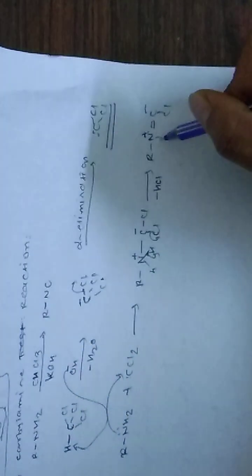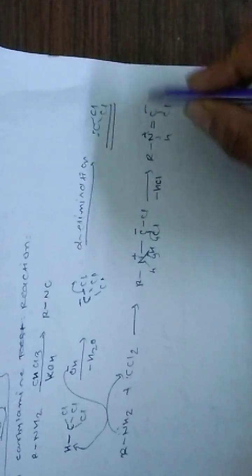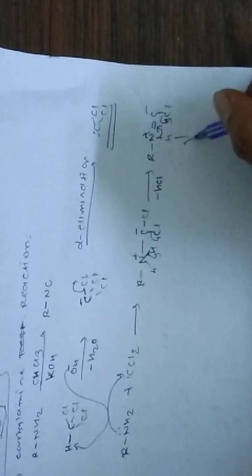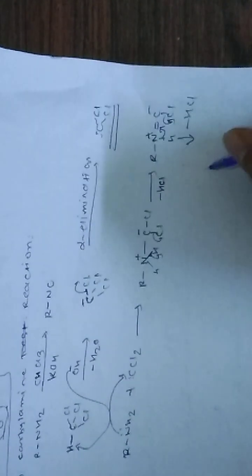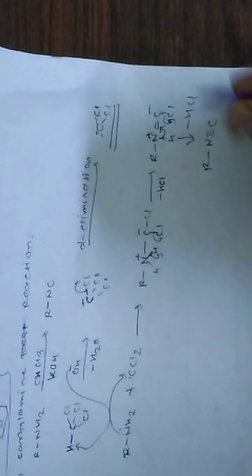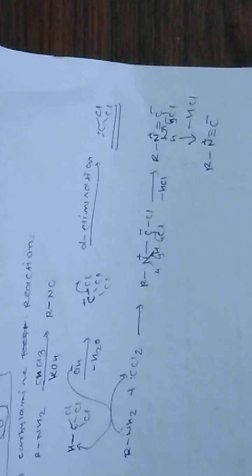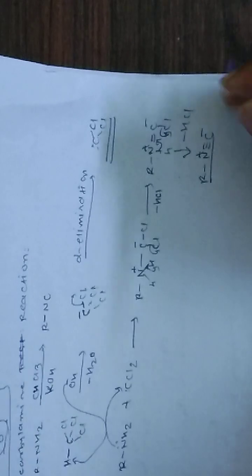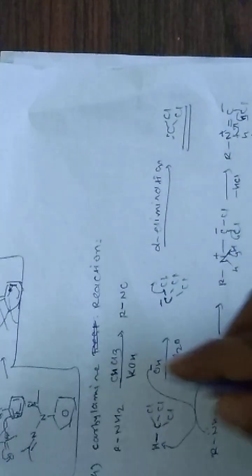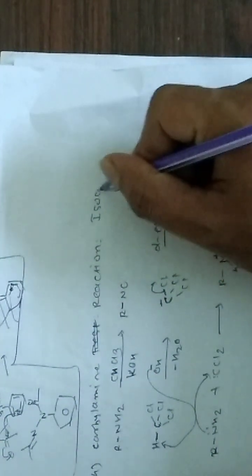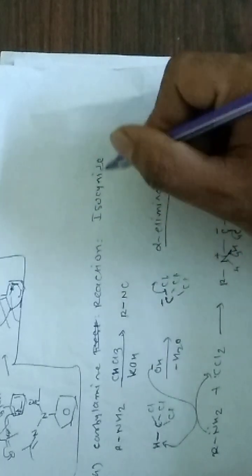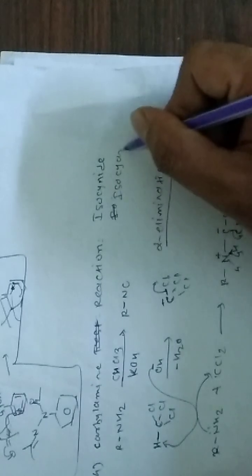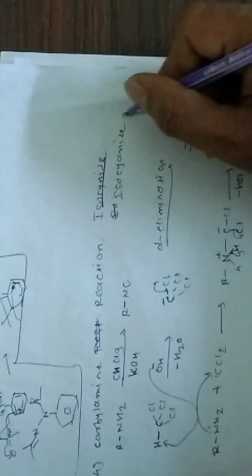So again another molecule of HCl will be removed, minus HCl, and here the formation of isocyanide will happen. So here isocyanide is formed in that reaction. Therefore this reaction is also called the isocyanide test.